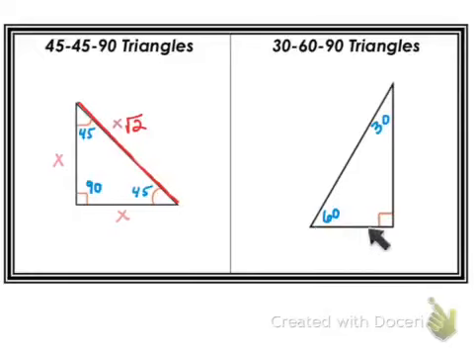So the side across from the 30, the shorter side, we're going to call that X. That'll be our first side length that we're working with. We have our hypotenuse across from the right angle, and there's our X. So then how do the rest of the sides of the triangle compare to the short side of a 30, 60, 90 triangle? Well, the hypotenuse is always double the size of this short leg.